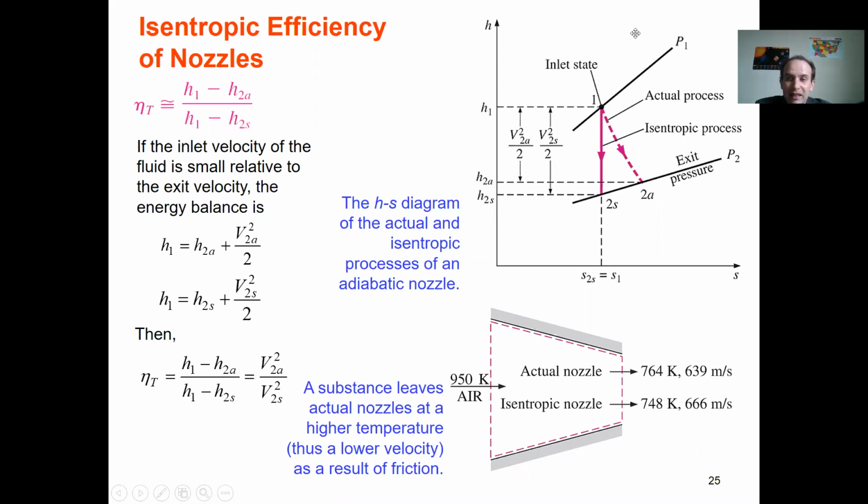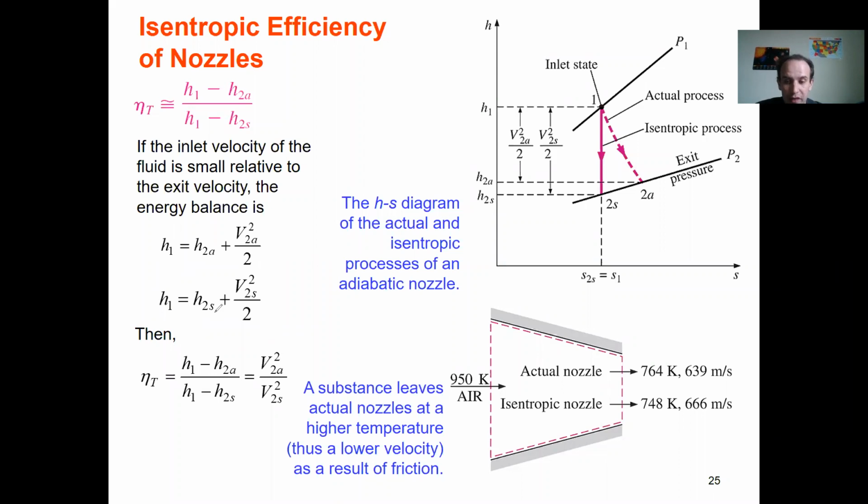And that's clearly understood from here. If it was your choice, you would convert the entire enthalpy into kinetic energy. Your H2 would be 0 and everything would go to kinetic energy. But we cannot do it like this, because of the second law. So the best way you can proceed is like this, correct?